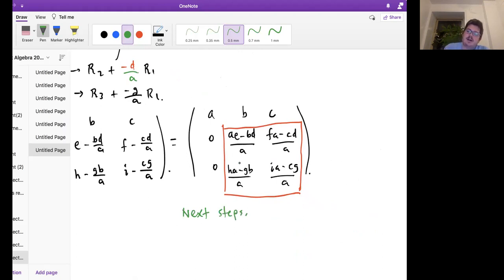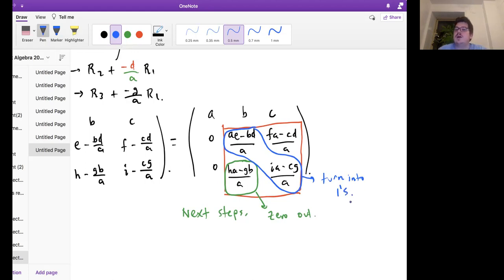Yeah, I would want to zero out this thing. So the goal is to zero this out. And then what else would we want to do? Think about row echelon form. I would want to put ones on these entries here. I would turn these into ones.